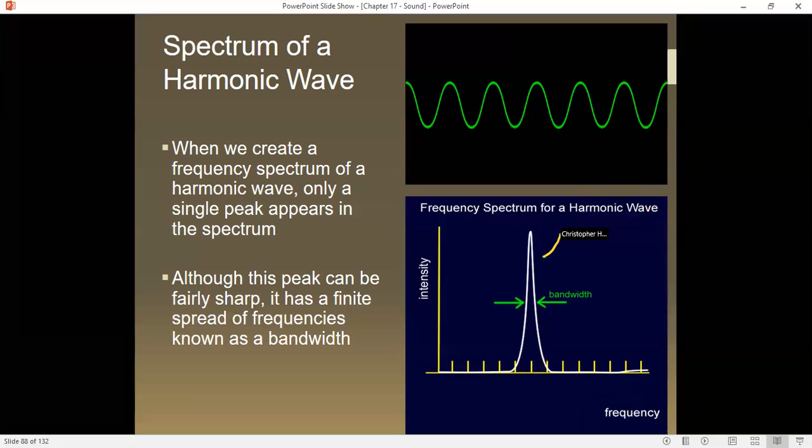We get one single peak, and the width of this peak, what we call the bandwidth, actually depends on how long that wave plays. If it were an infinite wave in time, that peak's thickness would go to 0. Not important for our discussion, but just think of this.